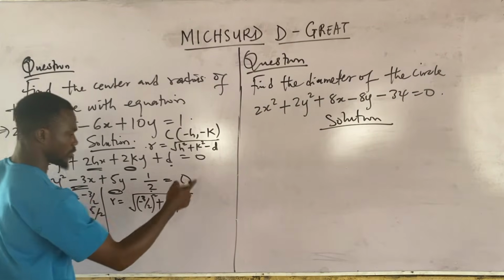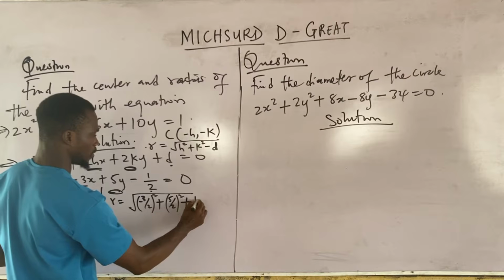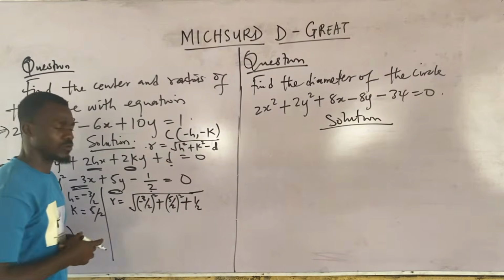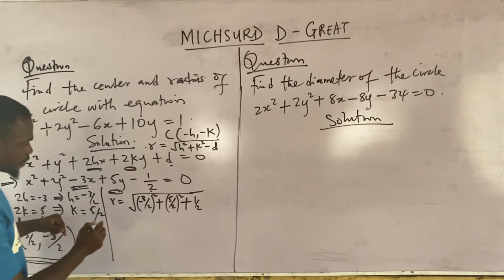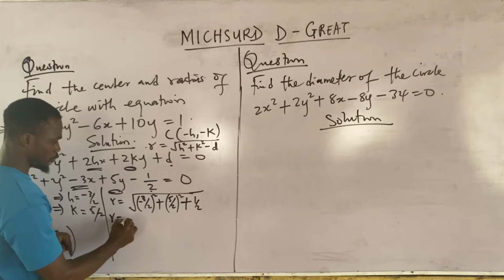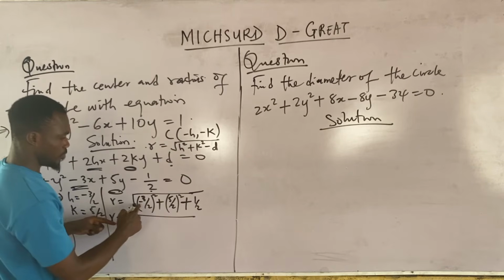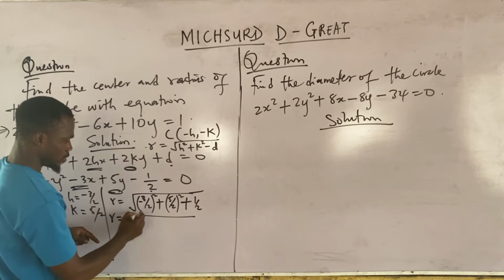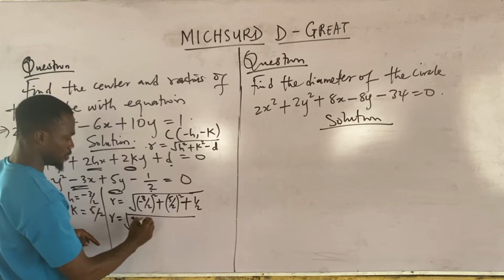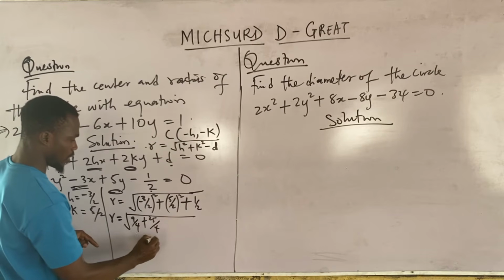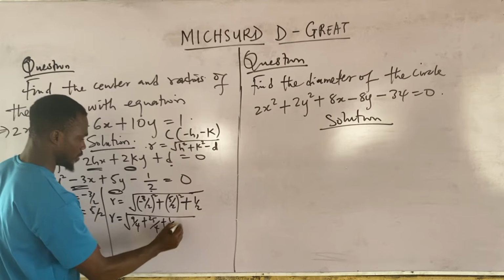So we have minus minus, which will make it plus 1 over 2. So in solving this, the radius will be the square root of 9 over 4 plus 25 over 4 plus 1 over 2.